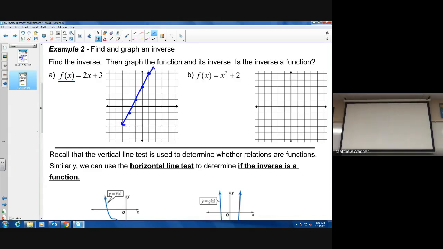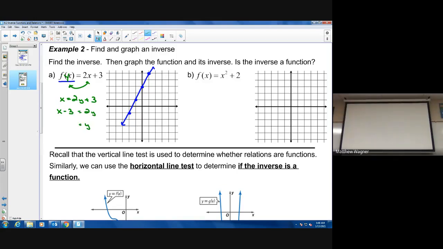Okay. So it says find the inverse. What I'm going to do is find the inverse. Remember, f of x is just y. How do I find an inverse? I switch them. So I'm going to say x equals 2y plus 3. And then I'm going to get y by itself.